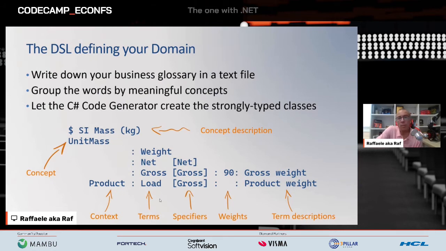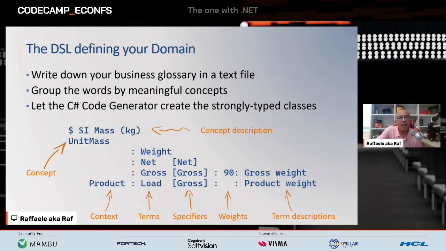And then what about load? Load is like an item or a generic term, it's not very precise. So I can say, okay, if you use load in the context of the product, because maybe the class name is product, or maybe the parent class in the graph is named product, you know that load refers to unit mass.